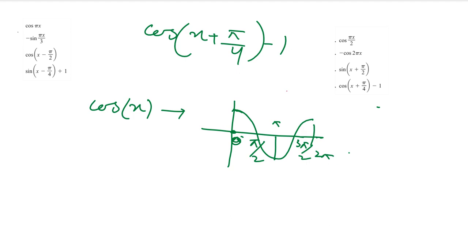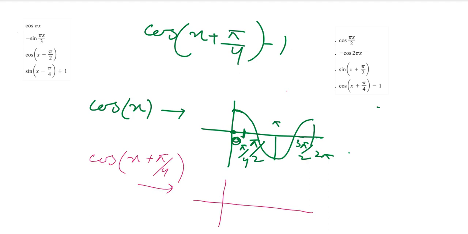So we have to move it to the right side, and here pi by 4 will lie. So this whole graph will change in this form. Okay, let me just write. The graph will start from here, pi by 4.